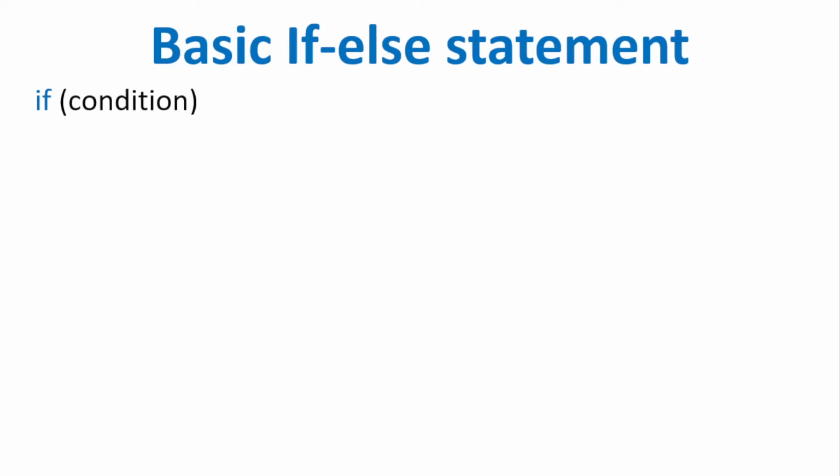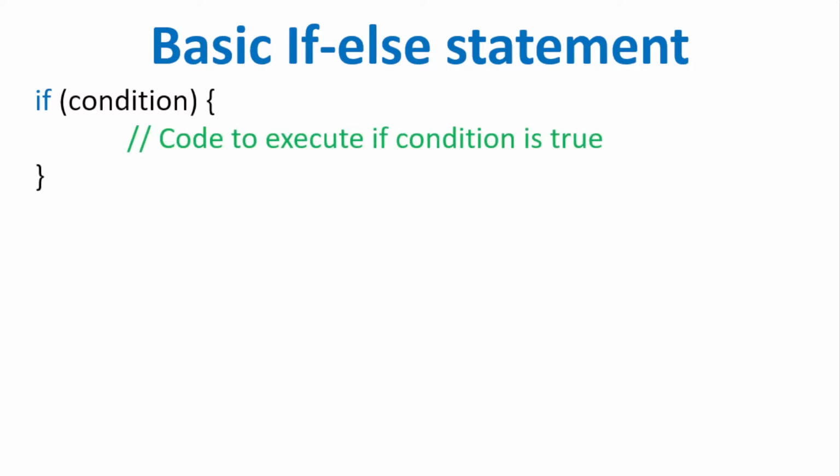You place a condition inside parentheses followed by a pair of curly braces that enclose the block of code to be executed if the condition is true. It doesn't matter whether the opening brace is on the same line or the next, though placing it on the same line improves readability. If the condition is not met, the program skips this block and continues with the next part of the code.